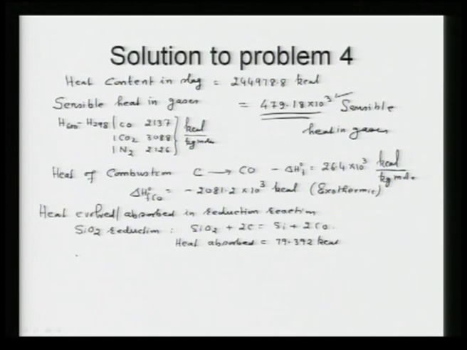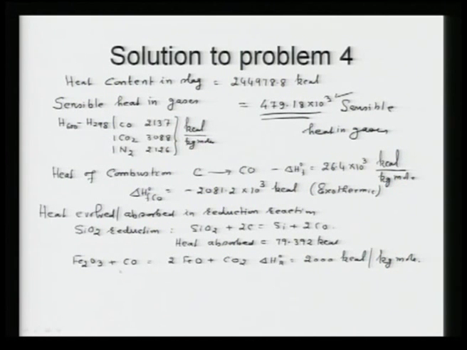Similarly, say Fe2O3 to FeO reduction, Fe2O3 plus CO is equal to 2 FeO plus CO2 and delta H naught R is given here, 2000 kilocalorie per kg mole.